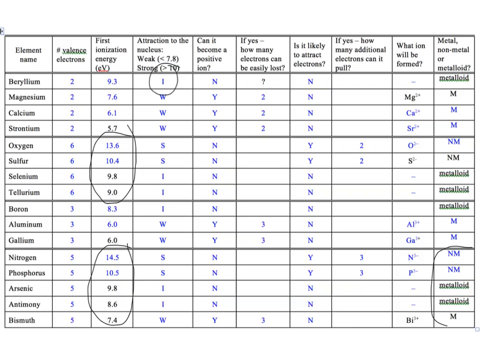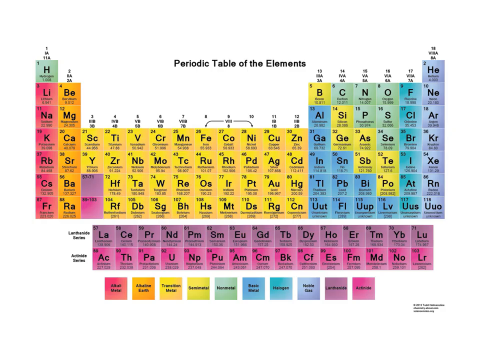Therefore, these elements go from nonmetals to metalloids to a metal. Now we have an explanation for the stair-step line demarking the metals and the nonmetals, with elements along the margin being considered metalloids or semi-metals.